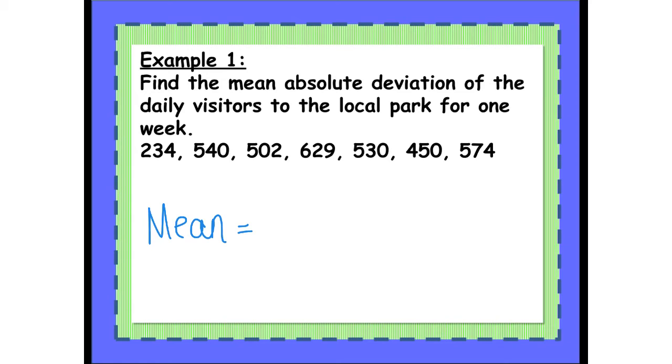So we have 234 plus 540 plus 502 plus 629 plus 530 plus 450 plus 574. When I add all those up, I get 3,459. And I'm going to divide it by 7, because there were 7 numbers.